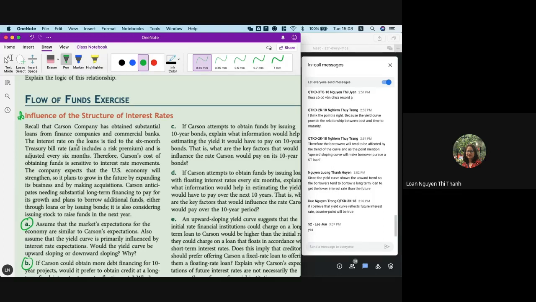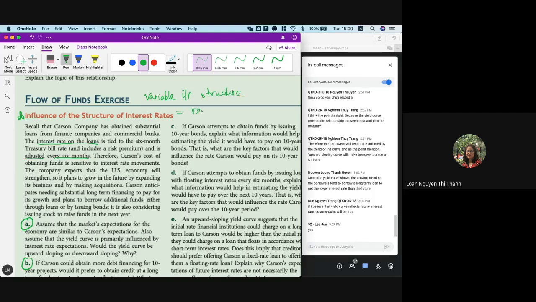The interest rate on the loans is tied to the 6-month treasury bill and includes a risk premium, and will be adjusted every 6 months. So I have the idea of a variable interest rate structure.